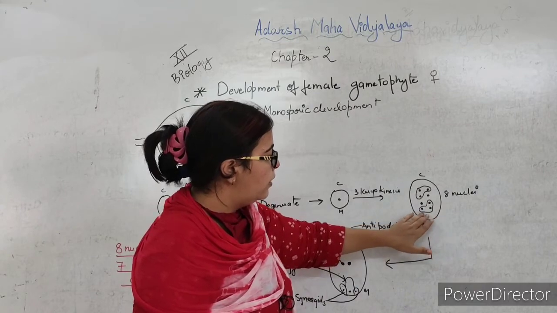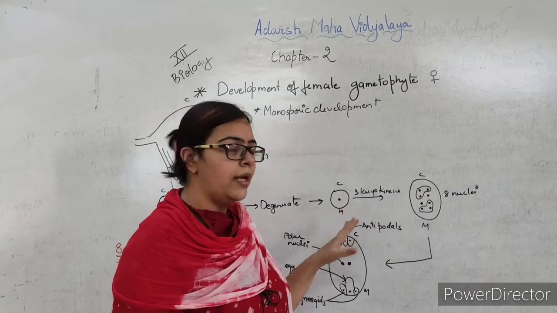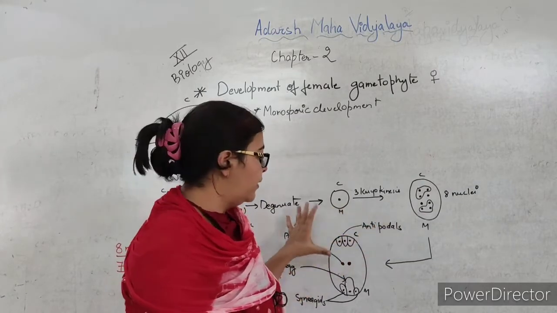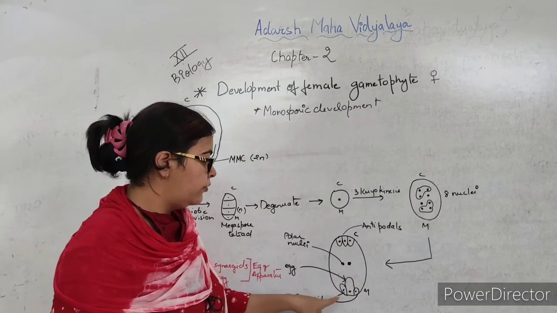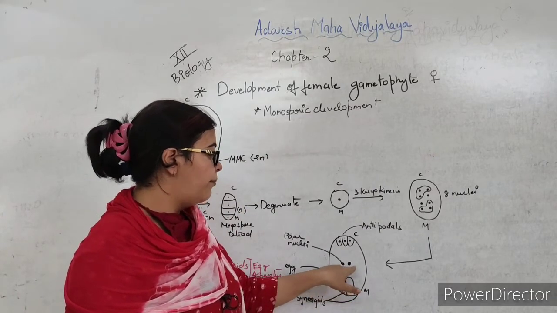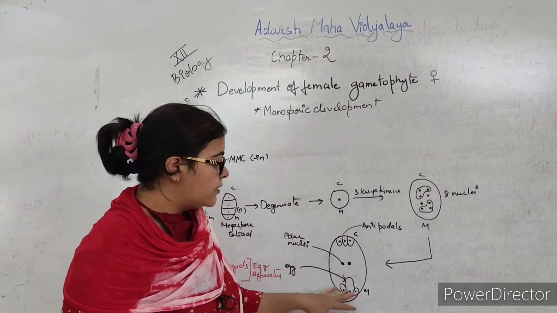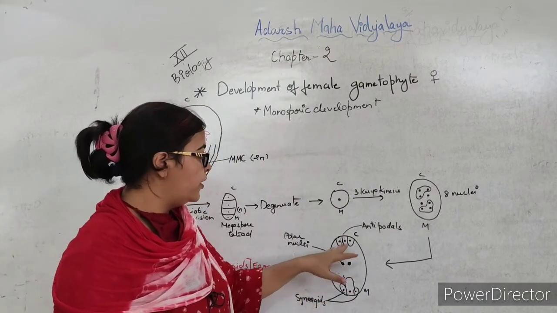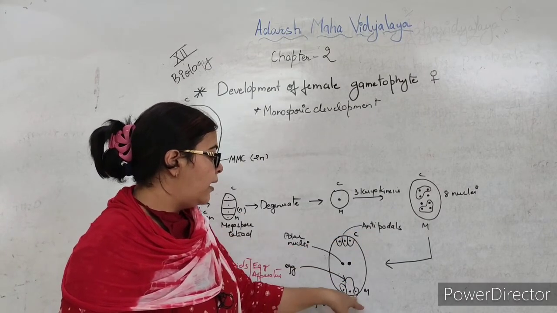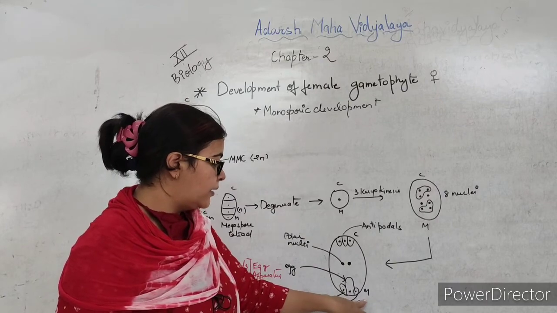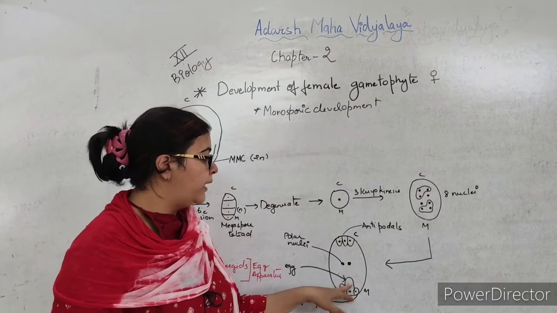Now all the nuclei will arrange themselves at their particular positions in the female gametophyte. 3 were arranged at the chalazal end, 3 at the micropylar end, and 2 remained in the center. Now cell wall formation occurs and 6 cells will be formed, out of which 3 cells at the chalazal end are the antipodals, 2 cells at the micropylar end are the synergids, and 1 is the egg which will be fertilized by the male gamete.